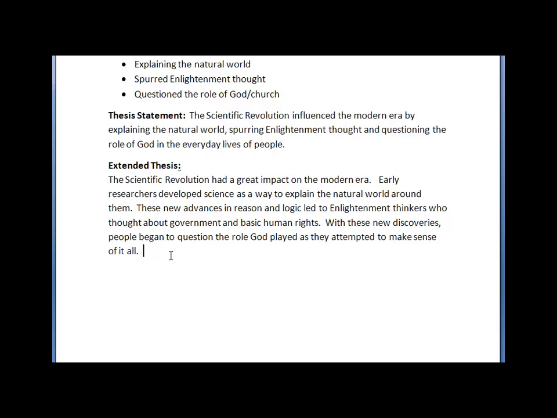So maybe a conclusion slash transition statement, something like this. This marked the beginning of not just a new way of thinking, but a whole new era. Okay, so talking about the new way of thinking and how that was important, but it also leads us into the new modern era. Once again, tying it back into my prompt.